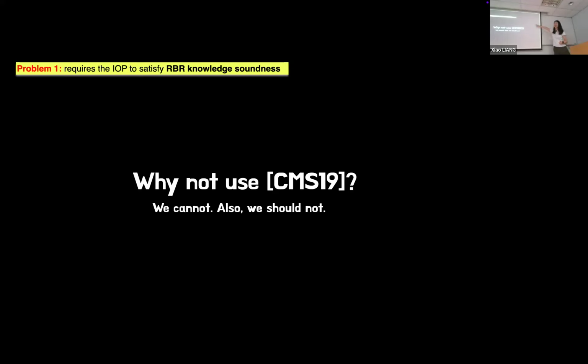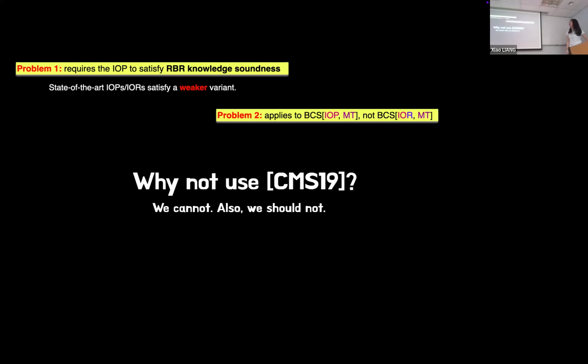The problem is that the state-of-the-art IOPs and IORs don't satisfy this notion. They only satisfy some weaker variant of round-by-round knowledge soundness. The second problem is that the result is about IOPs and not IORs. Even classically, the BCS security proofs for IOR and IOP require different proofs, so quantumly there's an even larger gap.